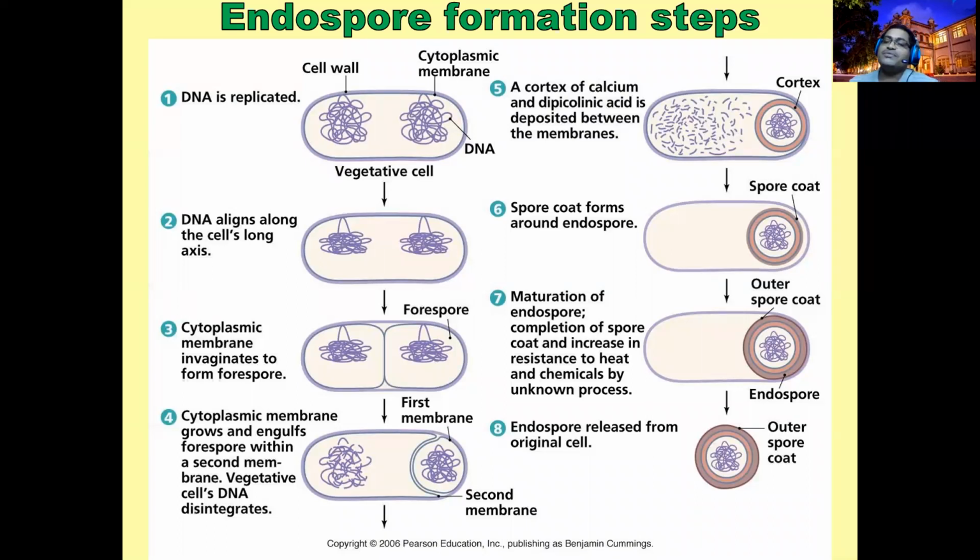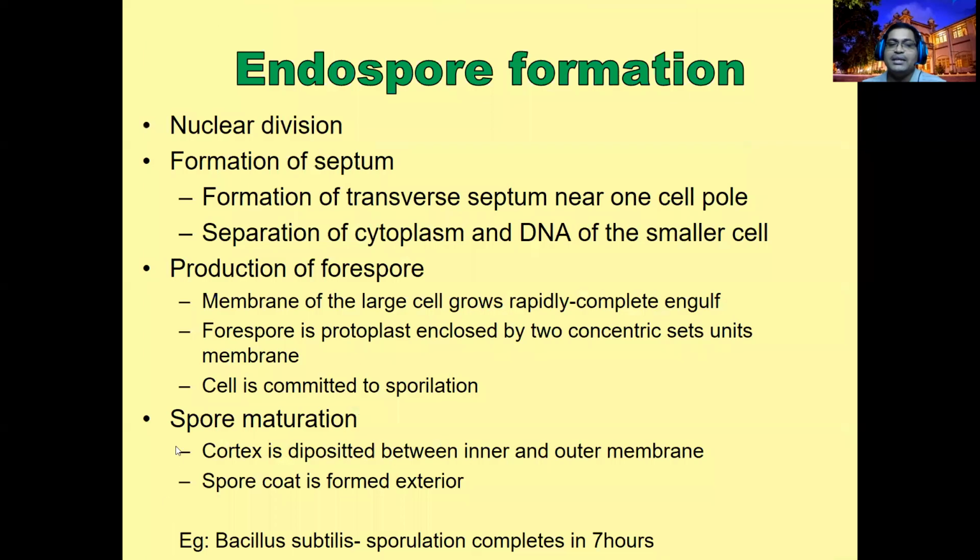Some bacteria from the Bacillus group form this endospore. There are 8 steps, and the last step is the release. Normally we discuss 7 steps under 4 major titles: nuclear division, formation of the septum, production of the spore, and spore maturation.